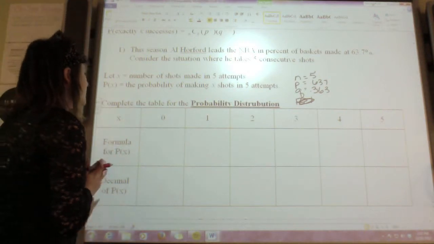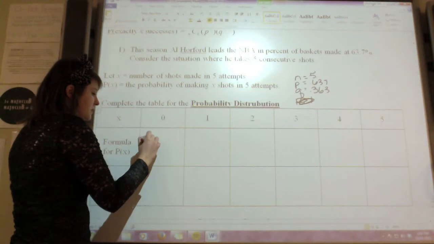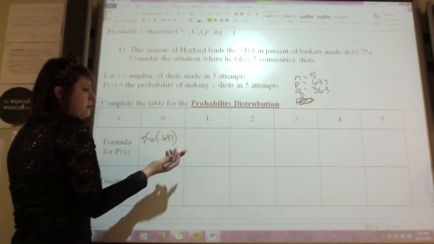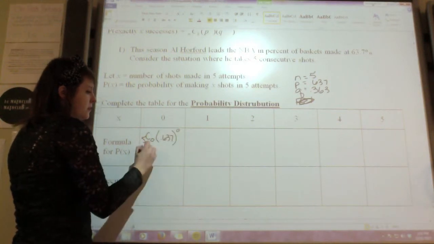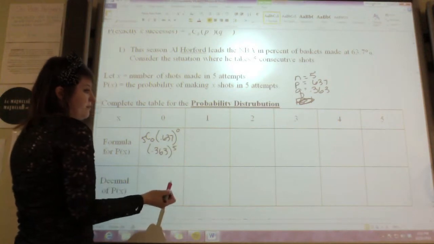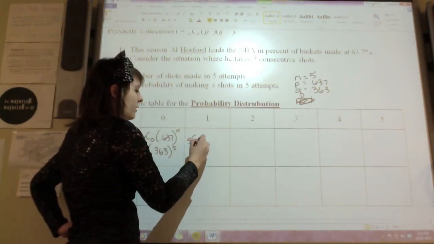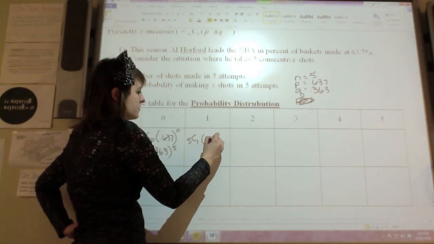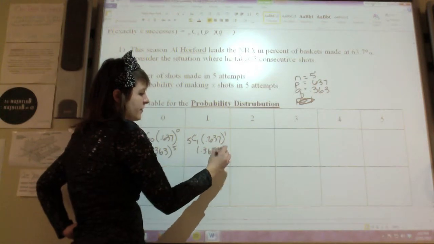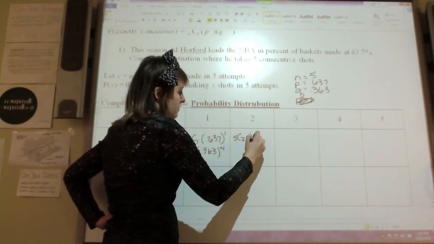So for this first one here, I start with n choose k, so this will be 5 choose 0 times 0.637. How many successes did I have? 0. Times 0.363. How many failures did I have? 5. Okay, this one, same thing. So I start with 5 choose 1. 0.637, I had 1 success, and I had 4 failures. Okay, this is 5 choose 2.